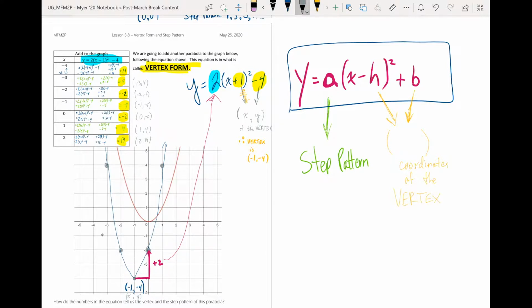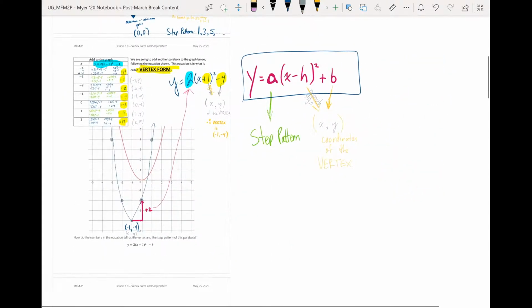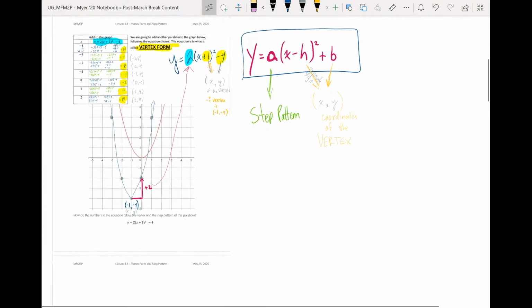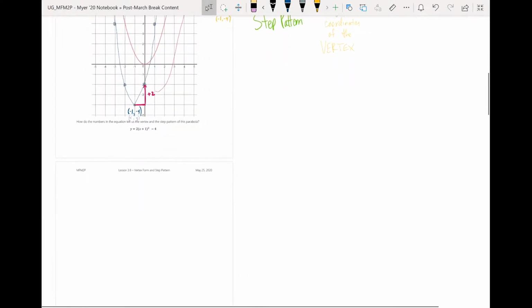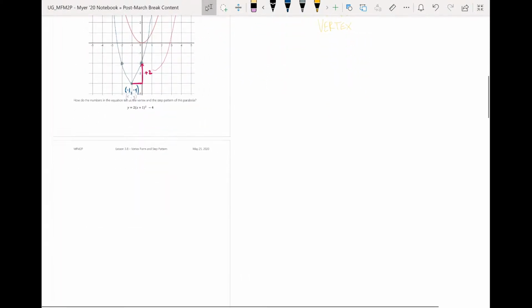All right, and the key thing then is just remembering that this is the opposite. Opposite sign. All right. So if we did an example, let's do another example here.